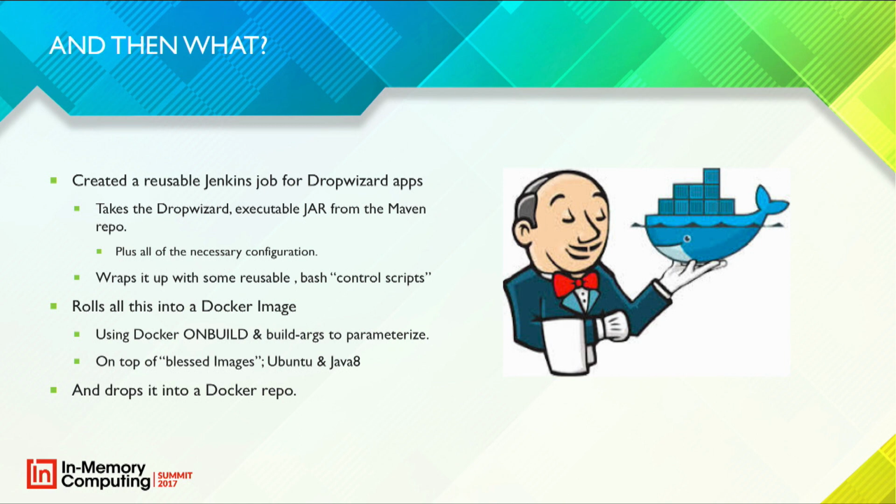So we have blessed images of Ubuntu, blessed images of Java 8, and then there's a blessed image of this reusable bit that sits on top of it, based on Docker ONBUILD and build args, which is how you parameterize Docker. On top of that is a very little bit that gets dropped in with the necessary bits, and then we drop out an image for basically any service we built, but in particular for Akira, what we're talking about today, and drop that into a Docker repo.